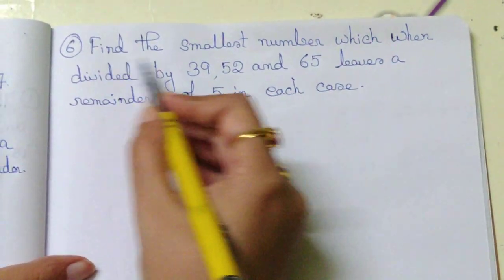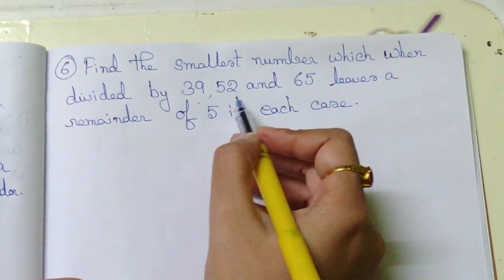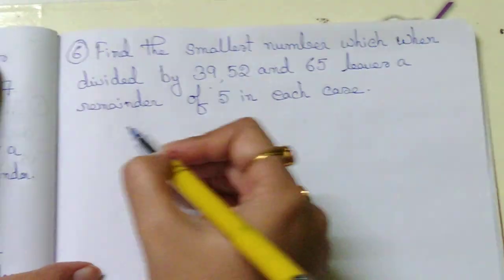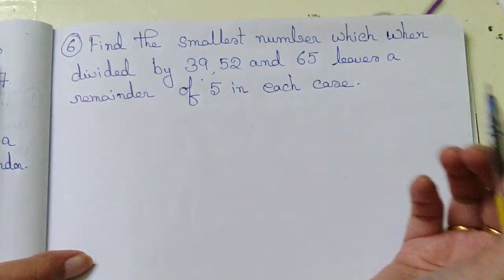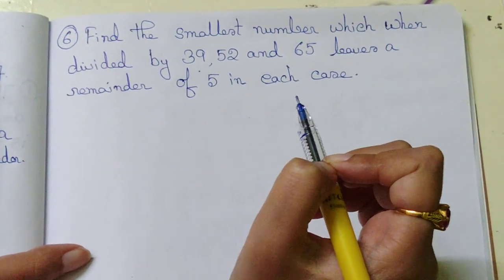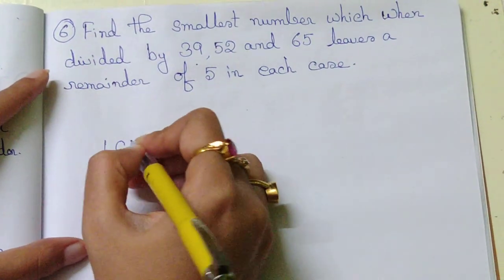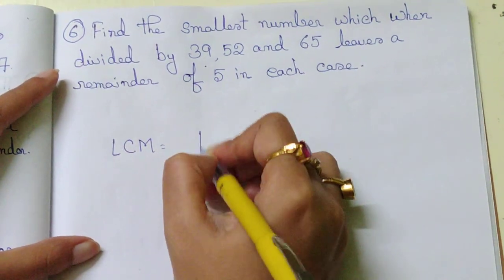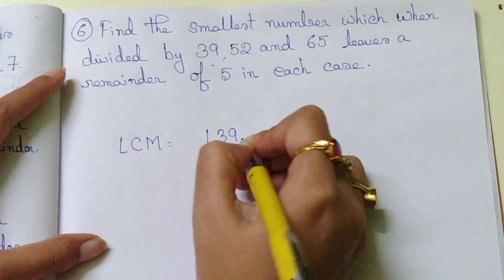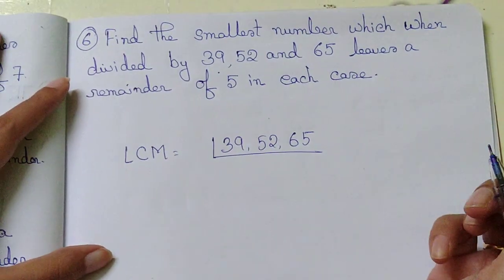Question number 6. Find the smallest number which when divided by 39, 52 and 65 leaves a remainder of 5 in each case. Now the question says smallest number, so I need to find out the LCM. So LCM of 39, 52 and 65.